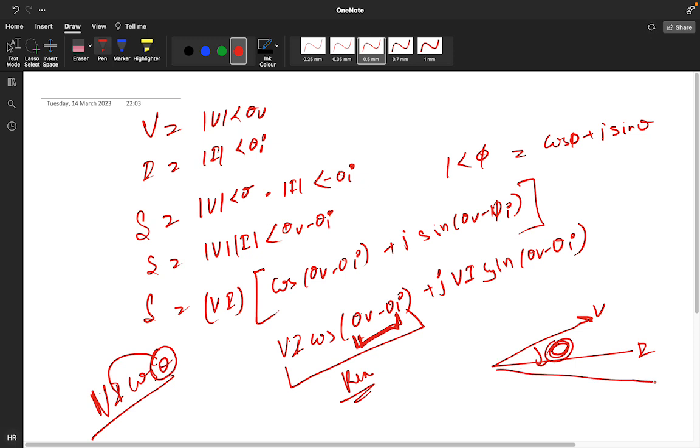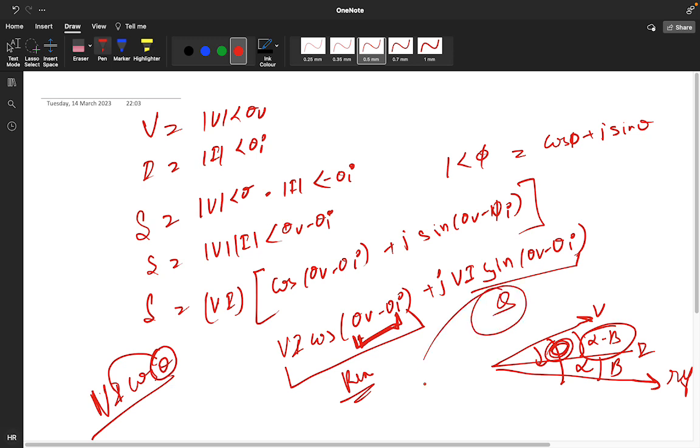If from the reference V is at angle alpha and I is at beta, then the angle between V and I is alpha minus beta. That's why we are doing the minus. So we are getting the angle between V and I. So VI cos (theta V minus theta I) is the real power, and VI sin (theta V minus theta I) is your reactive power.